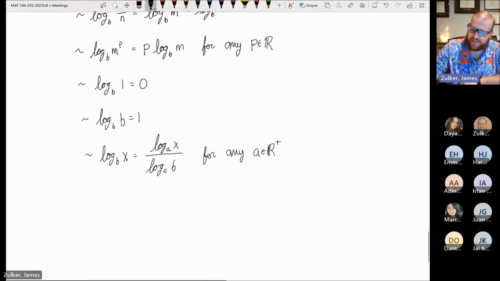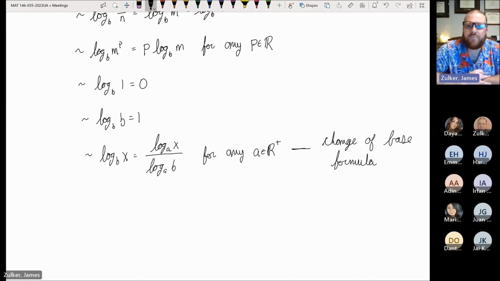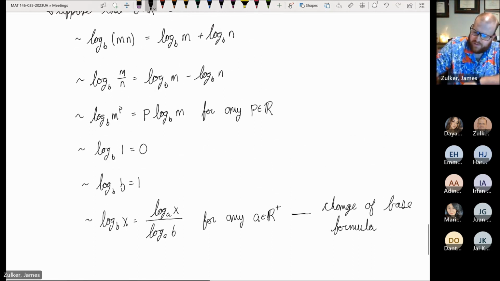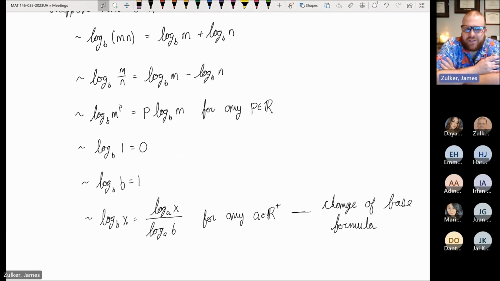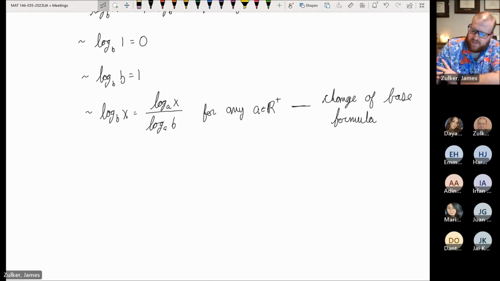So this last one is called the change of base formula. The one that is typically used is to convert it to the natural log. As an example, if you have a calculator that doesn't let you do general bases, you can just do natural logs.